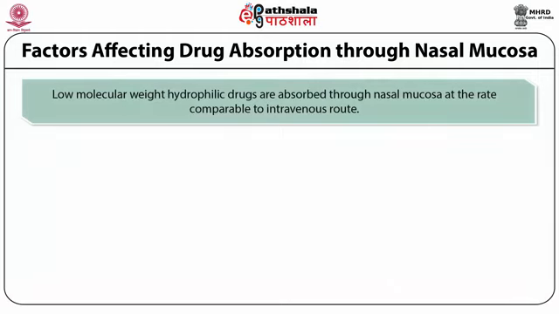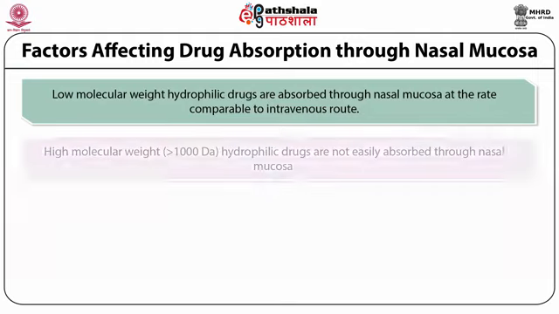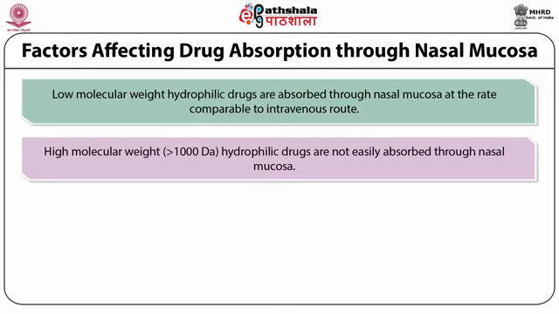Low molecular weight hydrophilic drugs are absorbed through the nasal mucosa at a rate comparable to the intravenous route. High molecular weight hydrophilic drugs, where the molecular weight is more than 1000 Daltons, are not easily absorbed through nasal mucosa.